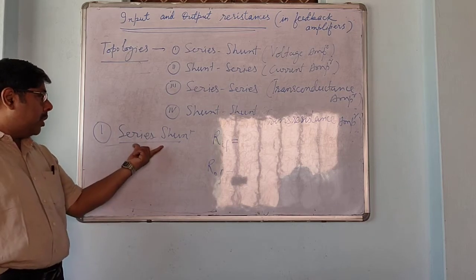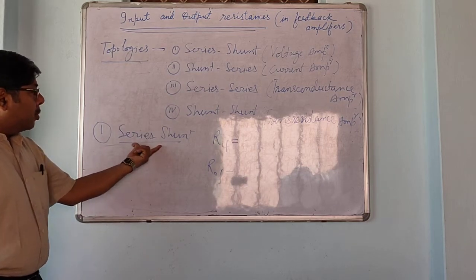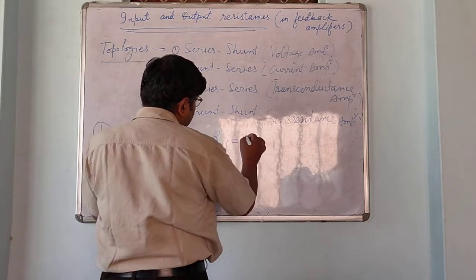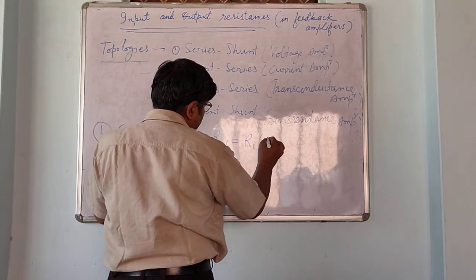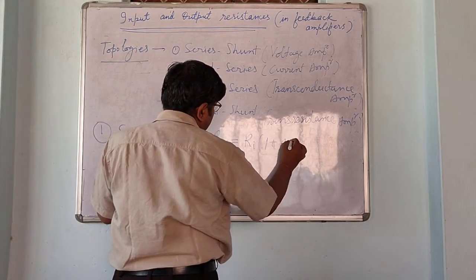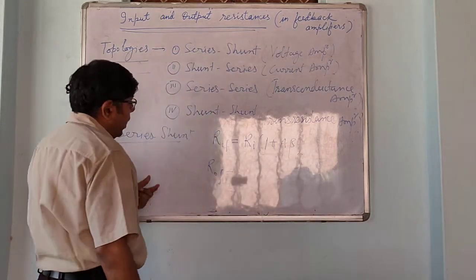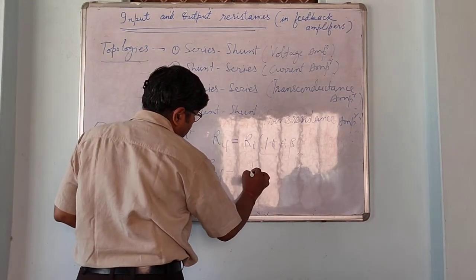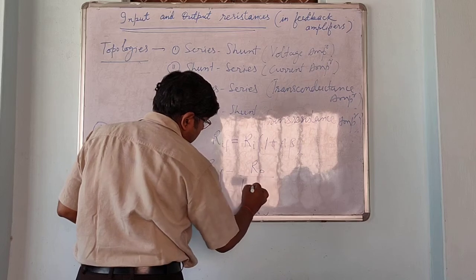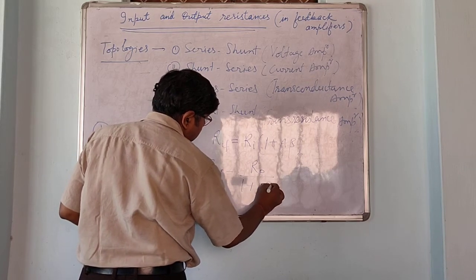Suppose we are using series shunt amplifier, so then resistance is given by 1 plus Aβ, and for shunt this is divided by 1 plus Aβ.